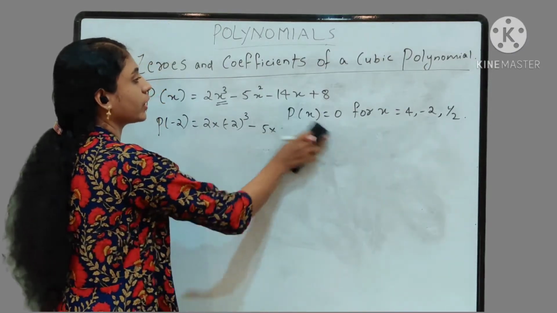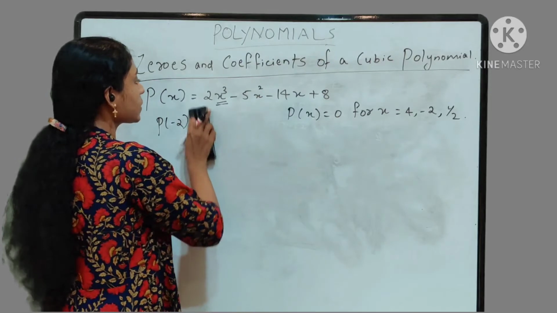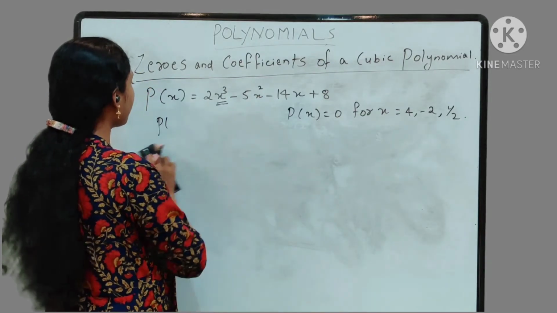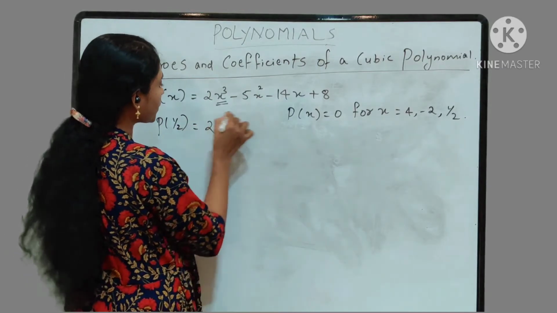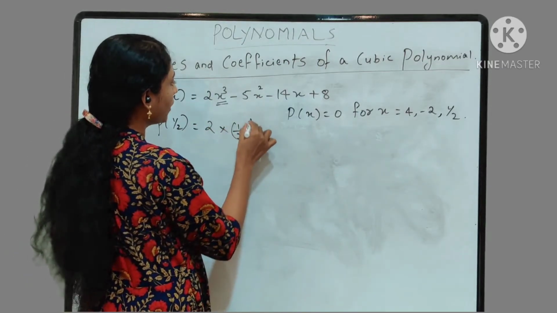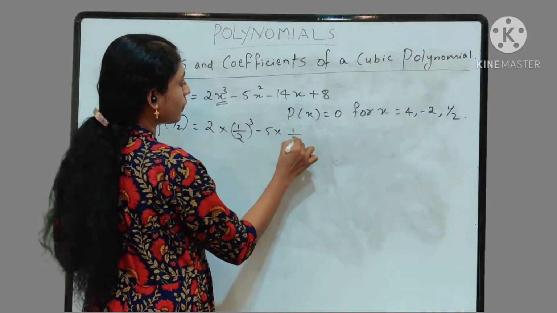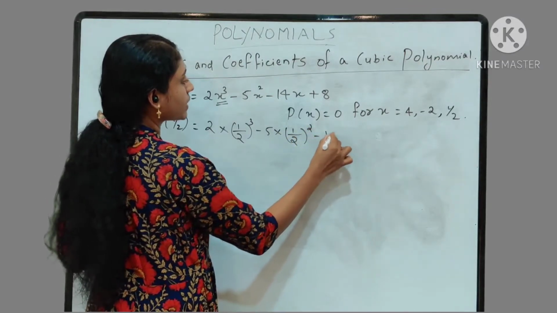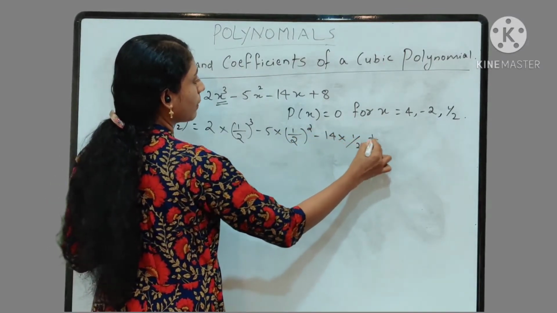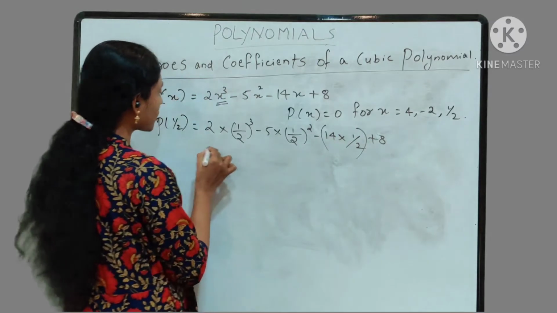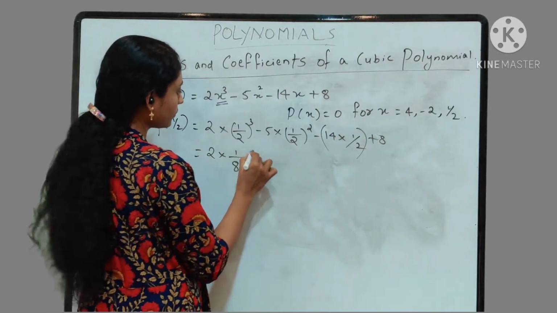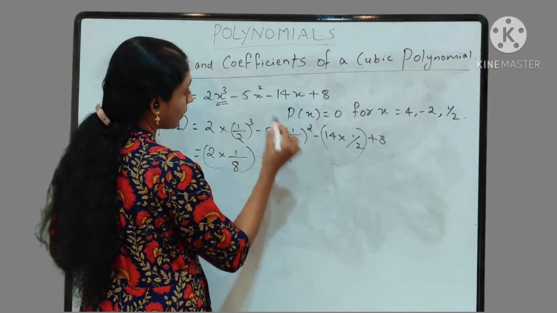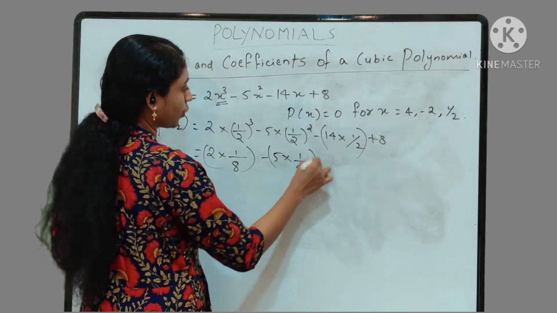Now what about the other value, that is x is 1 by 2. So putting x as 1 by 2, what is the value of p of x? 2 into 1 by 2 the whole cube, minus 5 into 1 by 2 the whole square, minus 14 into 1 by 2 plus 8. So 1 by 2 the whole cube is 1 by 8. Minus 5 into 1 by 2 the whole square is 1 by 4.